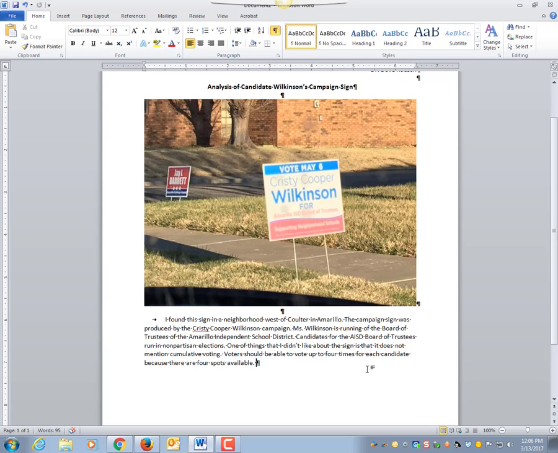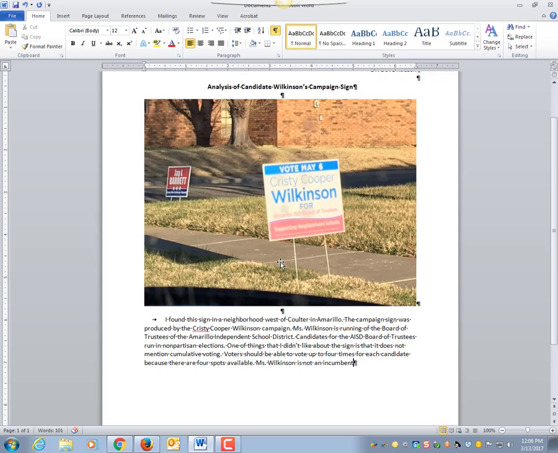I know Miss Wilkinson is not an incumbent. In part, I know that because I know the names of the school board members, but you'll also note that she does use the word "for." That's very interesting. I'll have to take a closer look at that Jay Barrett sign in the background there.